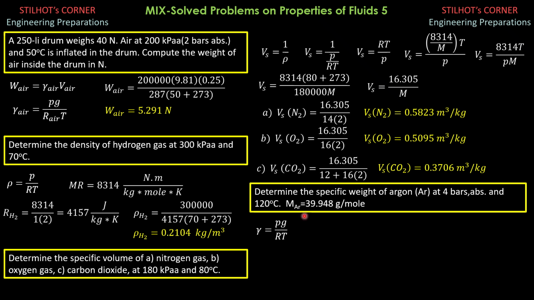Pressure is 4 bars, so that's 400,000 pascals absolute. g is 9.81, divided by R, 8314 over 39.948, then temperature 120 plus 273. So the specific weight of argon is equal to 47.98 newtons per cubic meter.